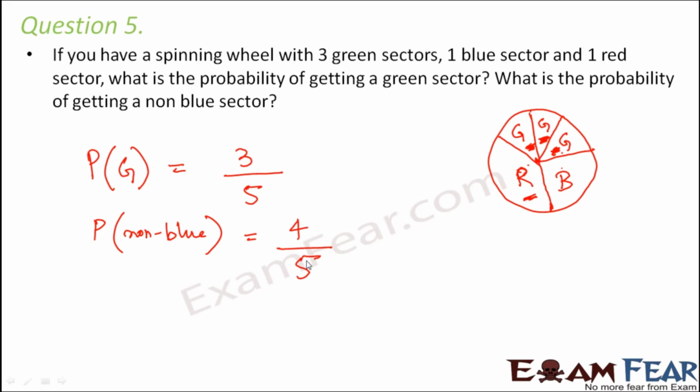So you see, everywhere when you try to solve a problem on probability, you just need to remember this simple logic: to find the probability of any event, you find the possible outcomes for that event divided by the total possible outcomes in that entire experiment.